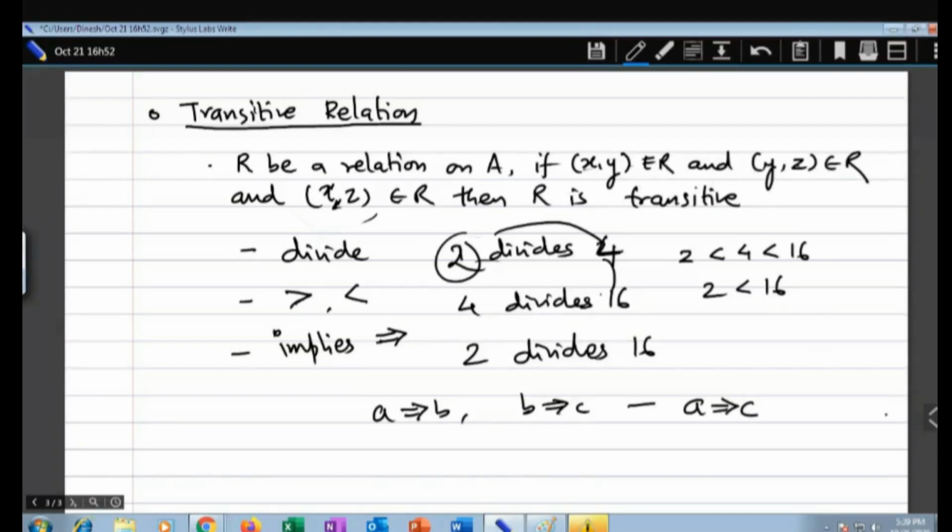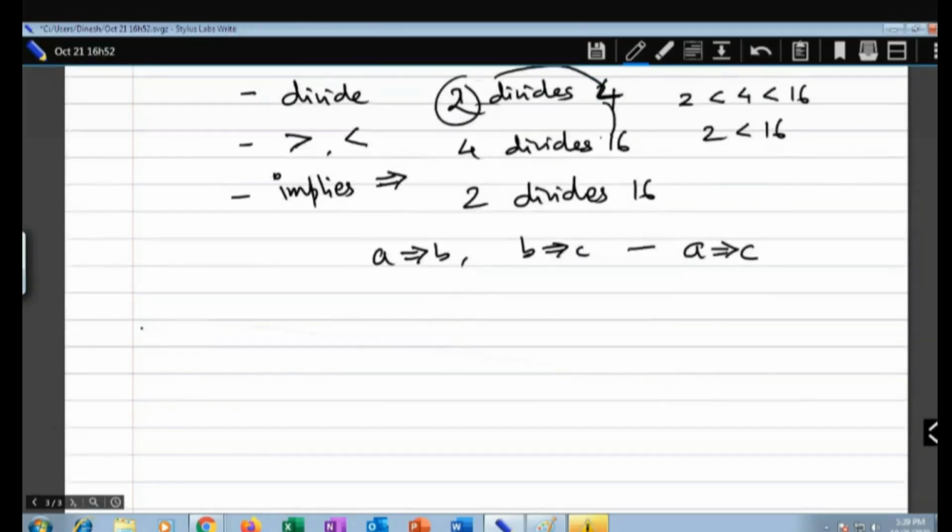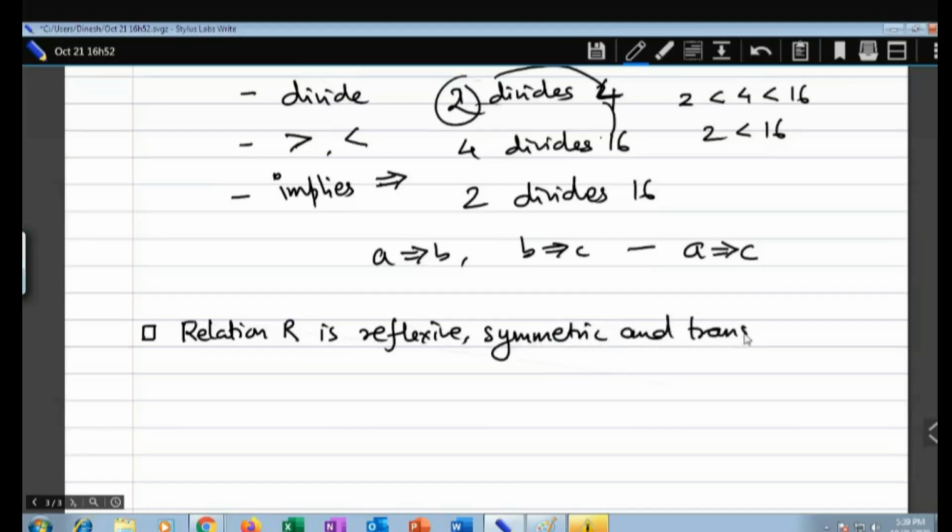Okay, and there is one more property. If a relation R is reflexive, symmetric, and transitive, then it is called an equivalence relation, and it is denoted by the equivalence sign.